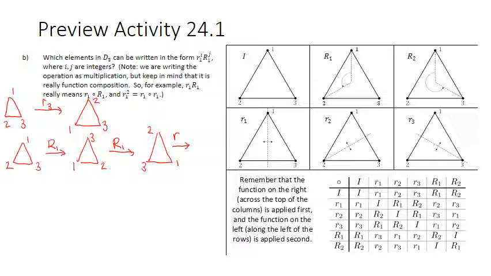So now I'm going to do little r1, and I'm going to get 1, 3, 2, which is where I wanted to end up, because that's the same as what happens after I apply little r3. So what this tells me is that little r3 is the same as first doing R1 twice, and then doing little r1 at the end.